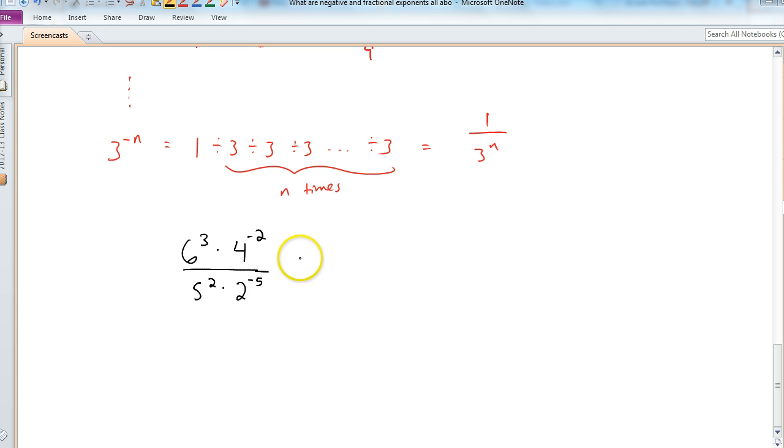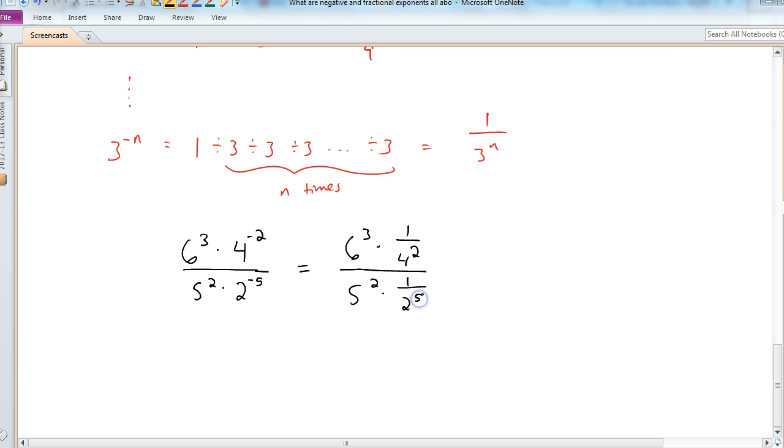Okay, now what I'm going to say is that instead of making reciprocals out of 4 to the negative 2 and 2 to the negative fifth and dealing with a complex fraction, for example, I could write this in this way. I don't think that helps me. It is the sort of direct result of the rule I just created above. But I don't like this because it creates an ugly fraction inside of a fraction. So I'm going to eliminate that.